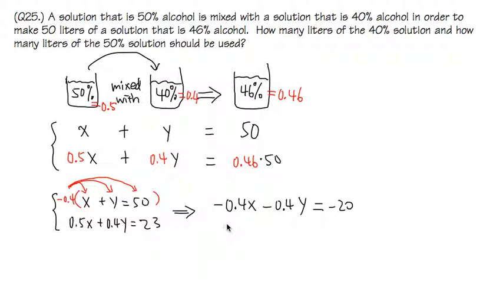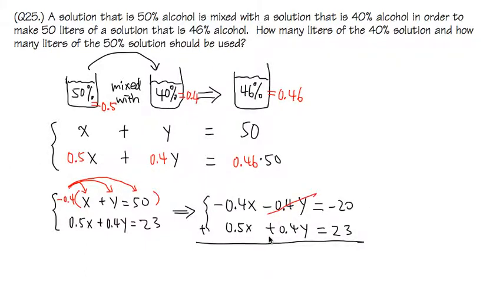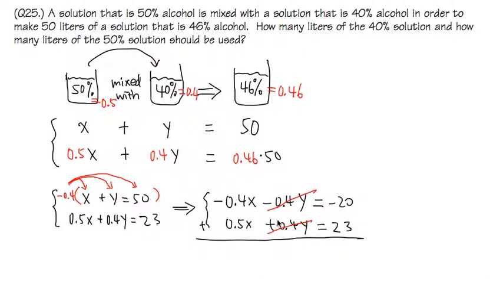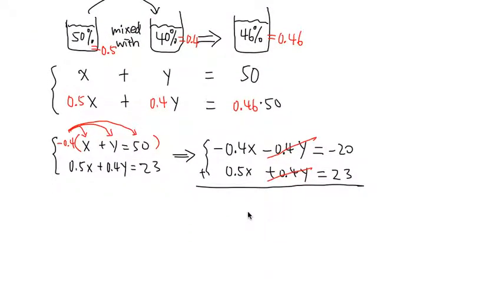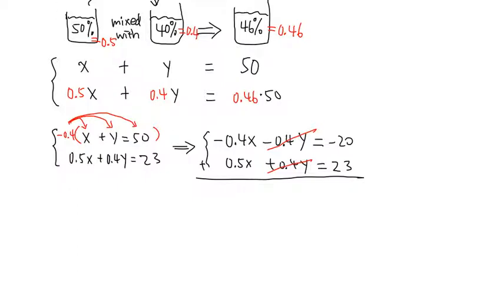And for the bottom part, it stays the same, 0.5x plus 0.4y equals 23. So that's the deal. Now I'm going to combine these two equations together. If I do that, good things happen, because I set it up so that the negative 0.4y and this positive 0.4y cancel each other out. And now I just have to finish with the rest of the calculations.